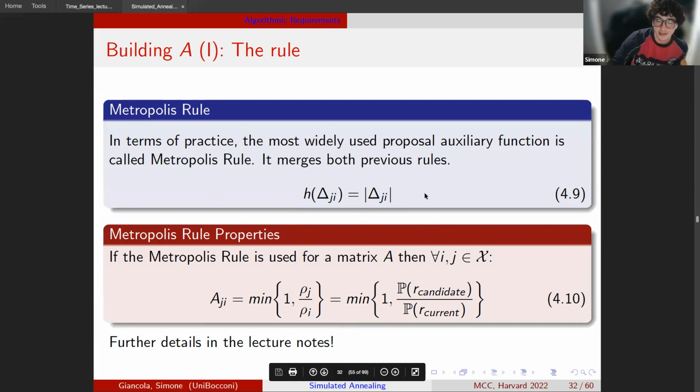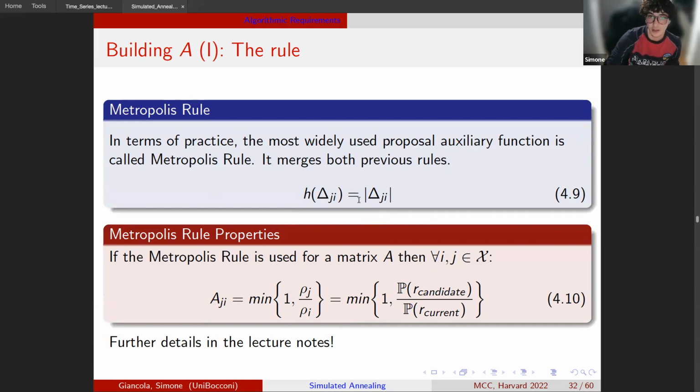assign an auxiliary function to the acceptance matrix, the A matrix, which is designed in a way such that it has specific properties that are just making calculations easy. This auxiliary function is usually derived with specific properties. The most famous one is the Metropolis rule, which is this one. So the absolute value of the change in energy.